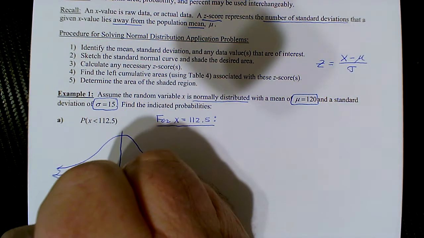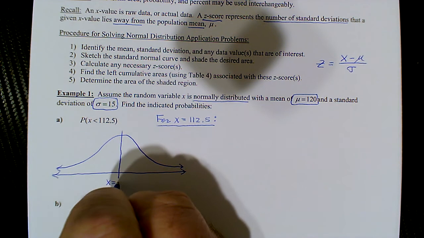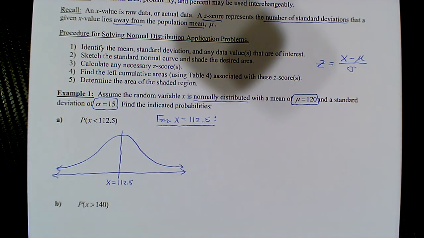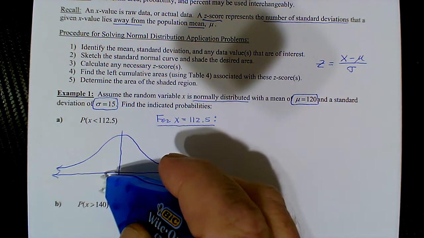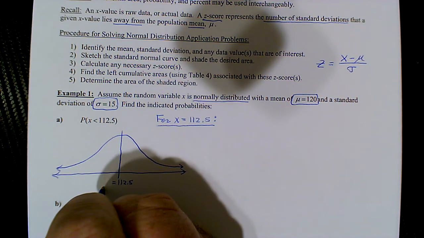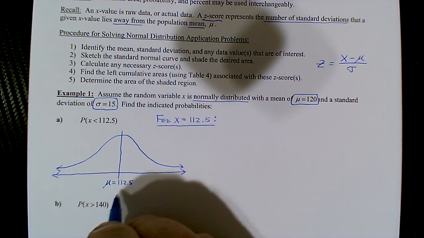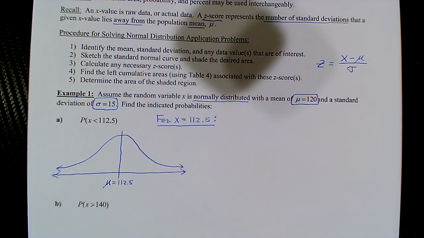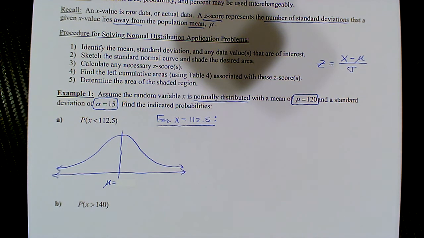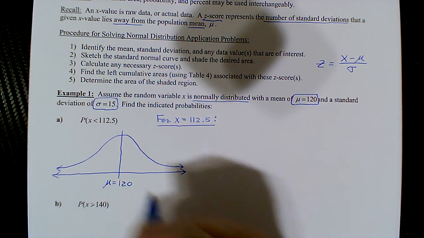But now the mean is given in terms of x. So the mean goes down the middle, and that's given to be 120 in this case.